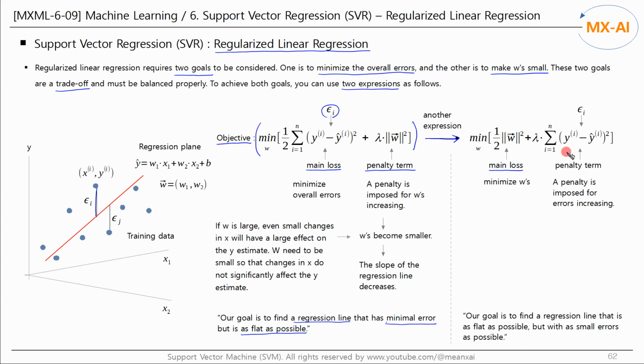So a regularization or penalty term is added to prevent the errors from increasing. Our goal is to find a regression line that is as flat as possible, but with as small errors as possible. Both expressions can be used for linear regression. Support vector regression uses the latter expression.